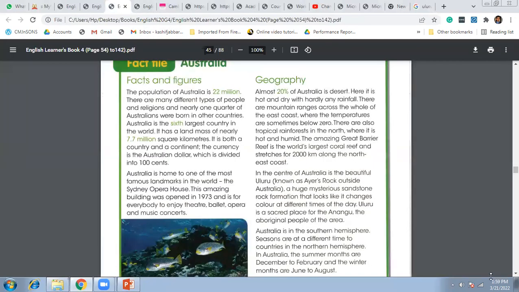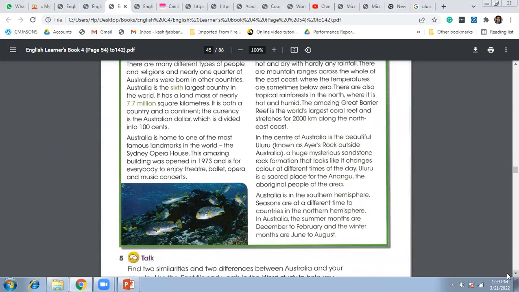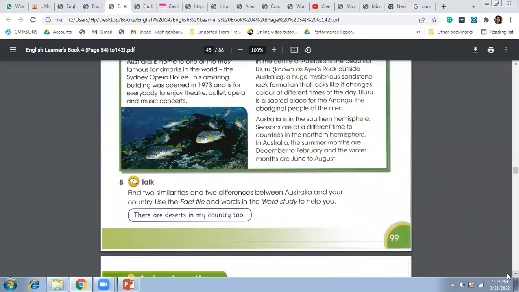All right, then Australia is in the southern hemisphere. Seasons are at different times to countries in the northern hemisphere. So the summer months are December to February, and the winter months are June to August. In the northern hemisphere, it is absolutely opposite to it, right?